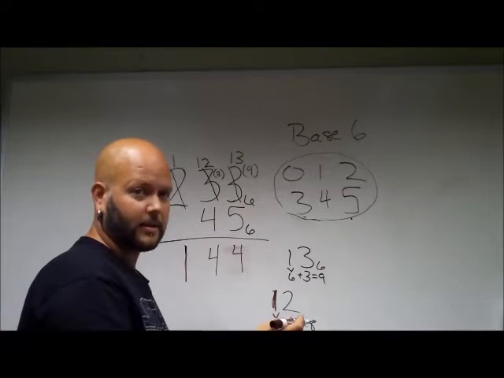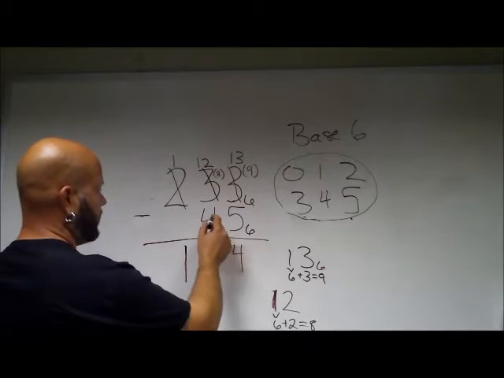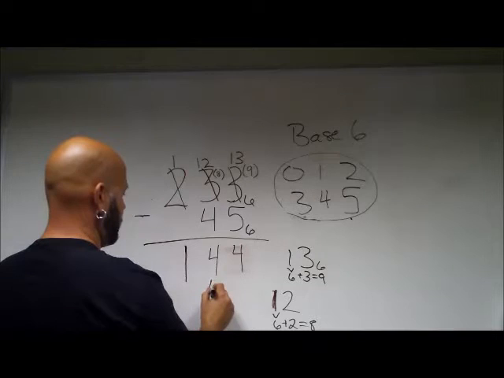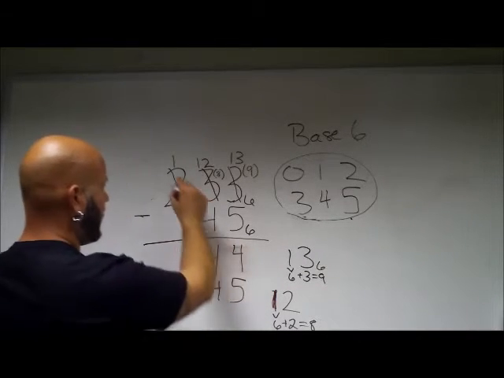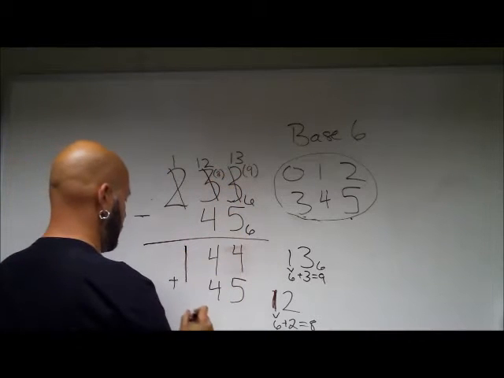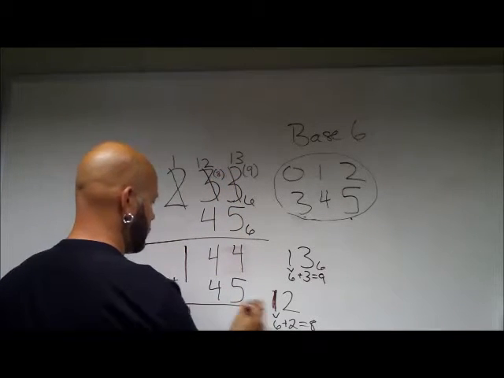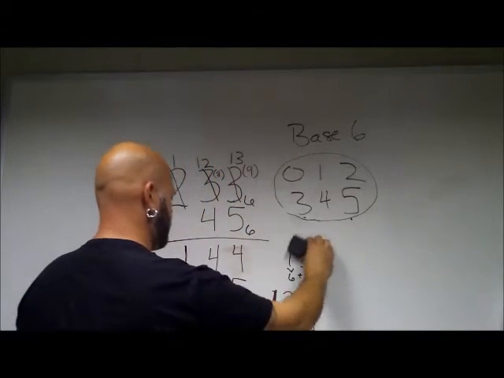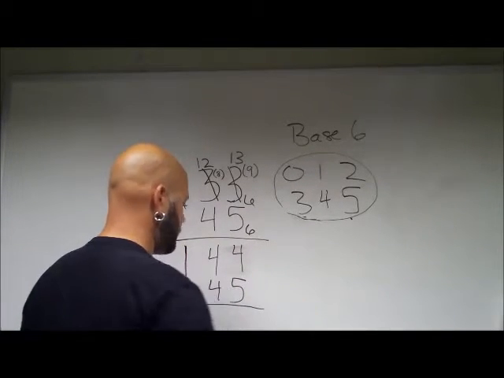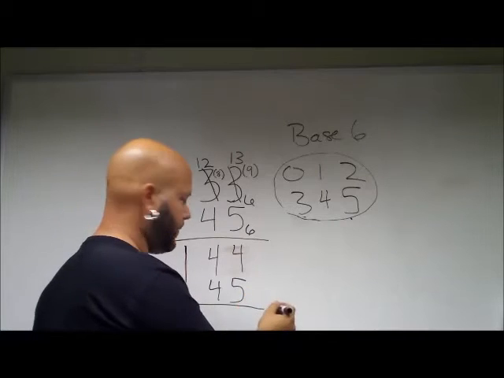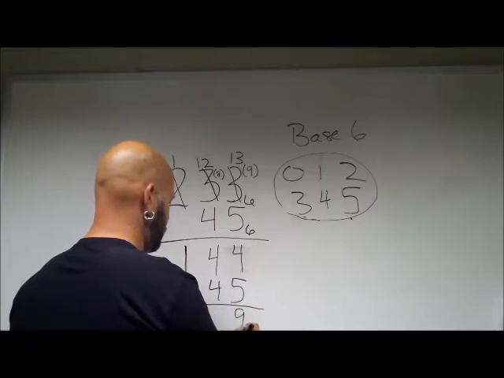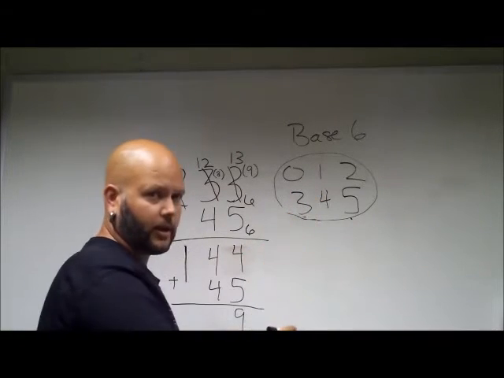Let's check our math, see if this works. So when I add 45 to 144, I should get 233. Let's see if this works. I'm going to clear some space here. So 4 plus 5 equals 9, but we can't use 9.